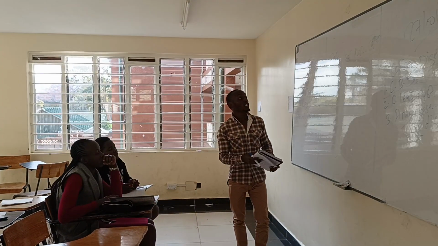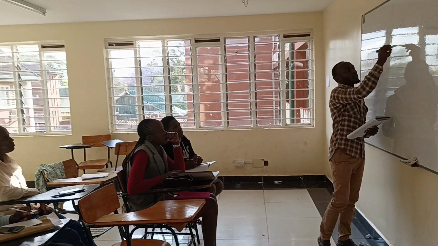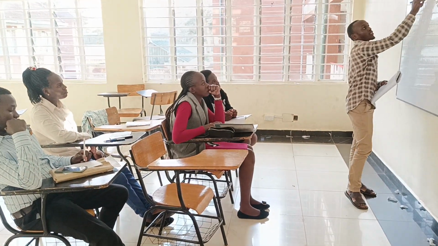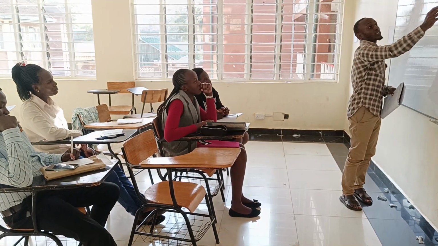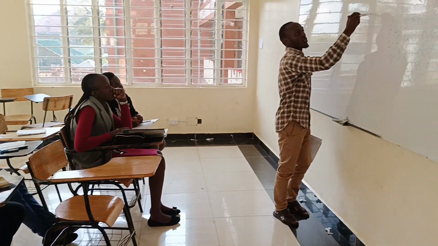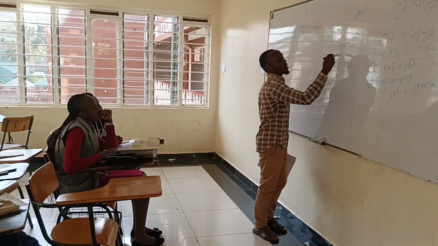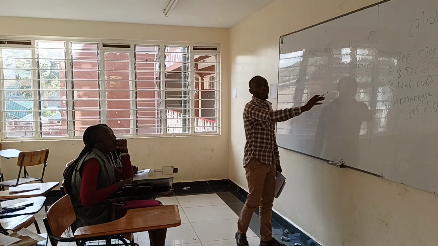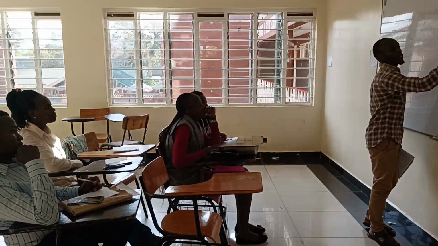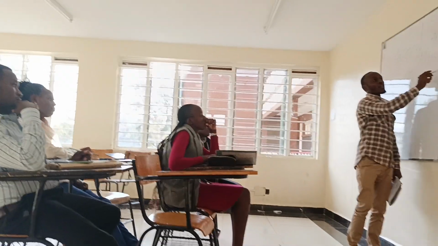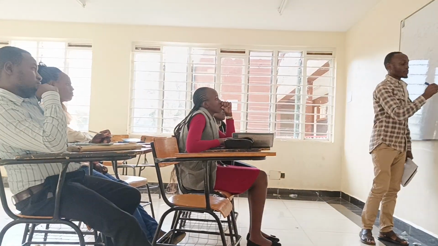Coffee leaf rust mostly affects leaves, unlike coffee berry disease which affects berries. When it affects leaves, it kills the photosynthetic organ of the plant, which means it will affect plant growth.